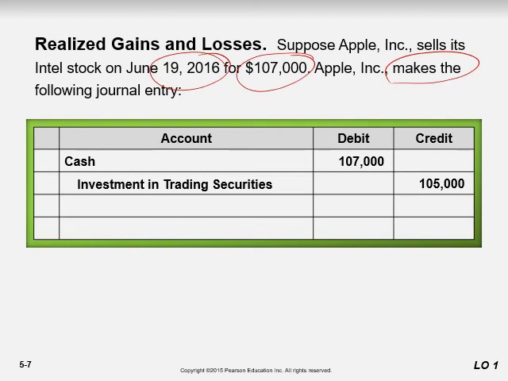In our previous example, we had an unrealized loss, so our carrying value was 105,000, and since we sell it for 2,000 higher, on the balance sheet we decrease our trading securities by 105,000, but we receive cash of 107,000.